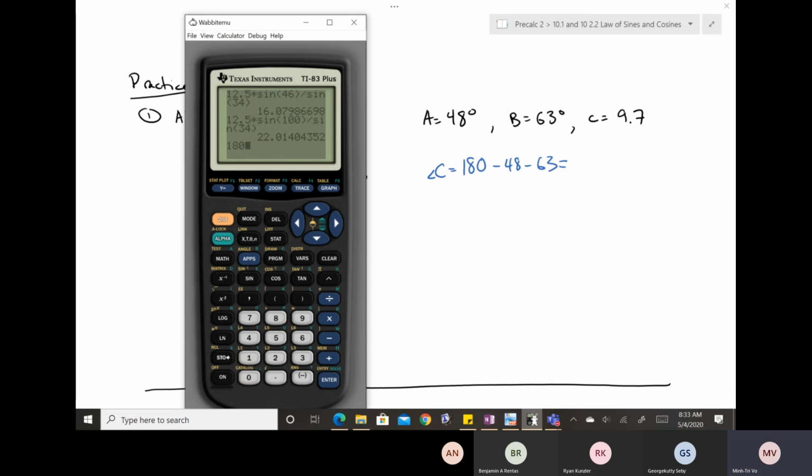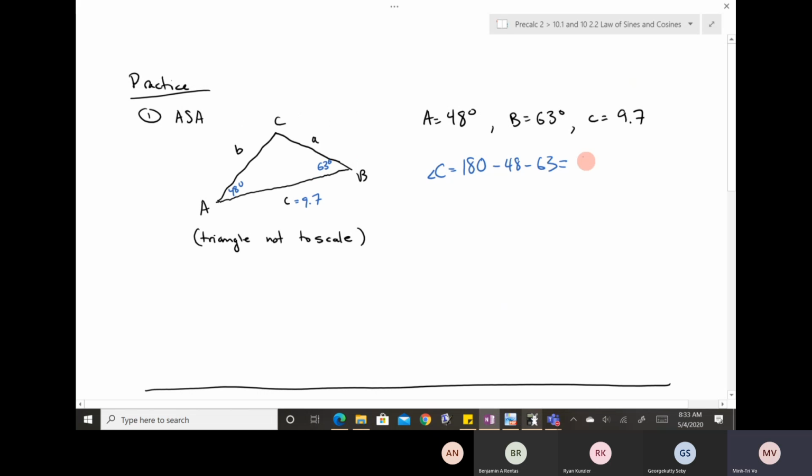So we get 69 degrees for C. And then we try to figure out side A and side B.